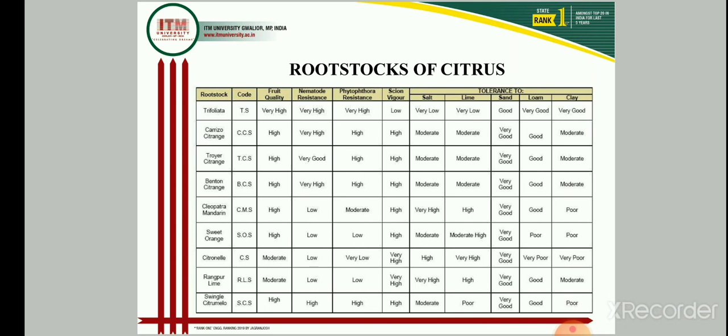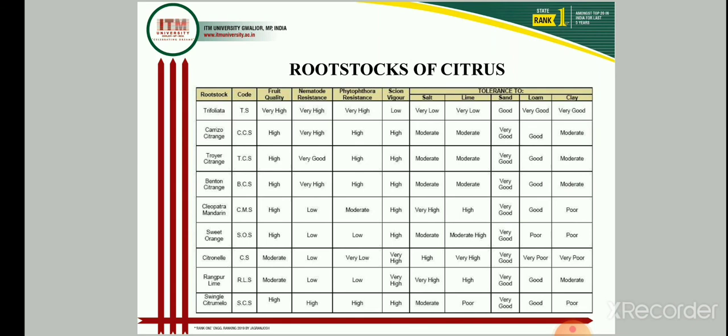Similarly, very high scion vigor in citrumelo and Rangpur lime, while trifoliate was reported to have a low scion vigor, so you can say it has a dwarfing effect. Very high salt tolerance in Rangpur lime and Cleopatra mandarin. Very high tolerance to lime in citrumelo rootstock.